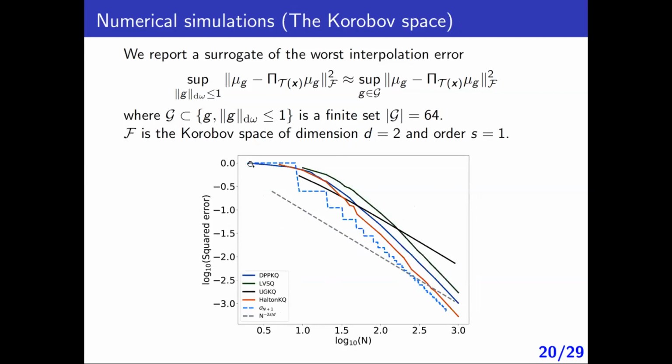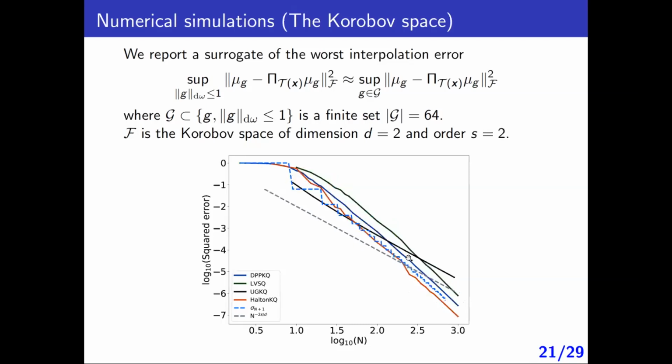And we can see here for the projection DPP, it corresponds typically to the eigenvalue of order n. And we can see here Halton sequence behaves better than the projection DPP.